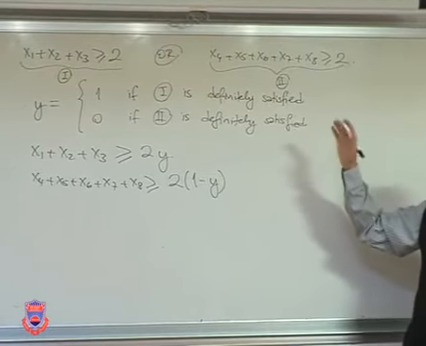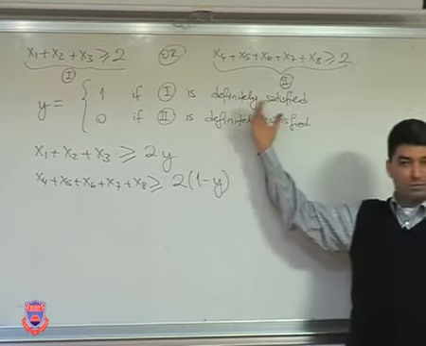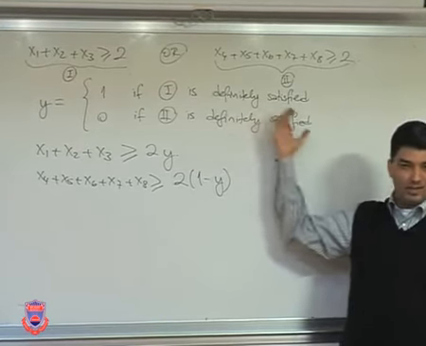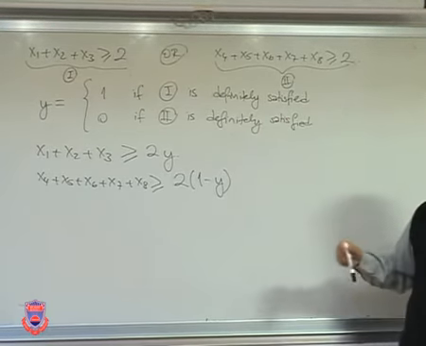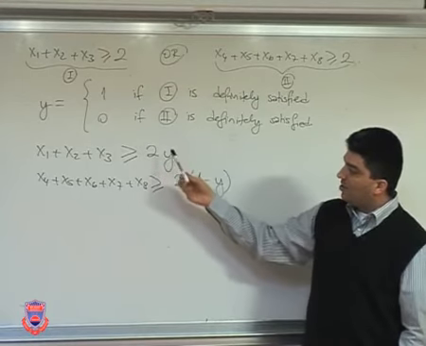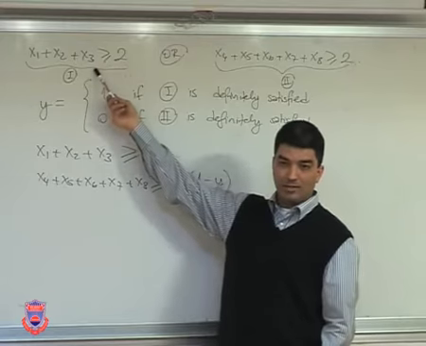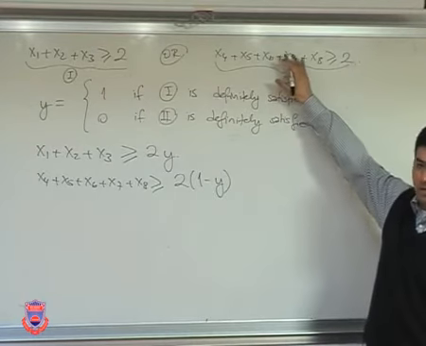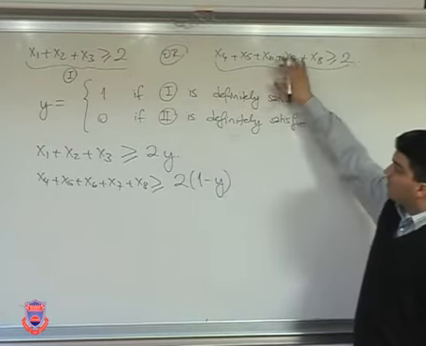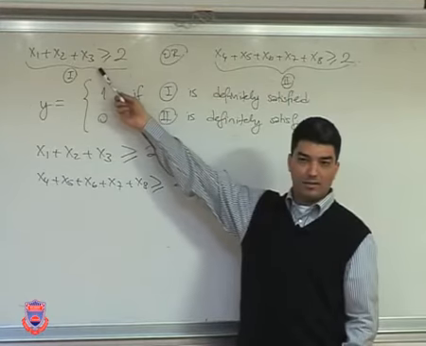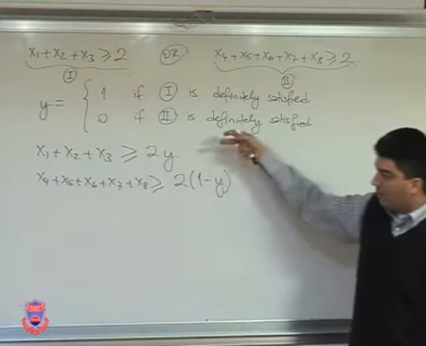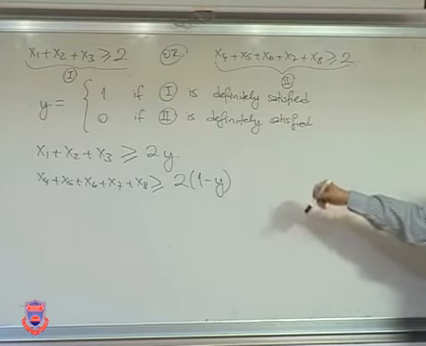I'm also allowing the possibility of both being satisfied. So I'm defining my new binary variable in such a way that if y is equal to 1, then I'm forcing this one to be satisfied, but it has no effect on this one. And if y is equal to 0, I'm forcing the other one to be satisfied, but it has no effect on the first one.